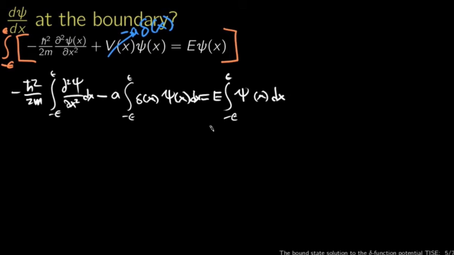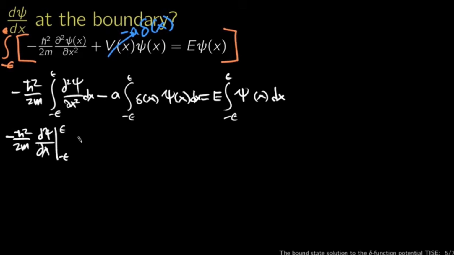So we have three separate integrals here, and we can figure out what each of these terms look like. Our left-hand term, we have the integral with respect to x of a second derivative. So that's easy. We're just going to get the first derivative. Minus h bar squared over 2m times d psi dx evaluated at the endpoints, epsilon and minus epsilon. So far so good.